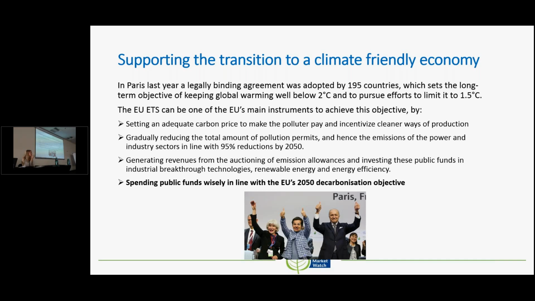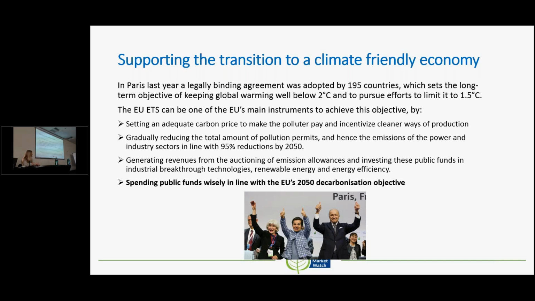Among other things that Agnes already mentioned, such as setting the carbon price and so on, also by making sure that the public funds that go through the EU ETS are spent wisely and do not provide support for unsustainable systems such as coal-fired generation.